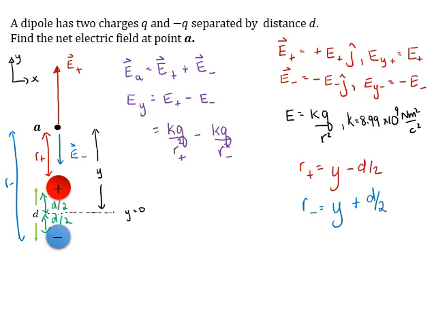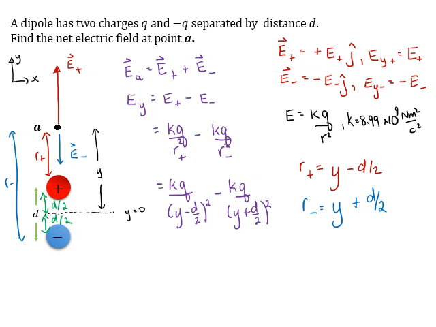So now we've got our distance in terms of the separation between the two charges and where we're trying to calculate the field. Let's fill in those expressions for our electric field. So we've got k times q over y minus d over 2 squared, minus k times q over y plus d over 2 squared.